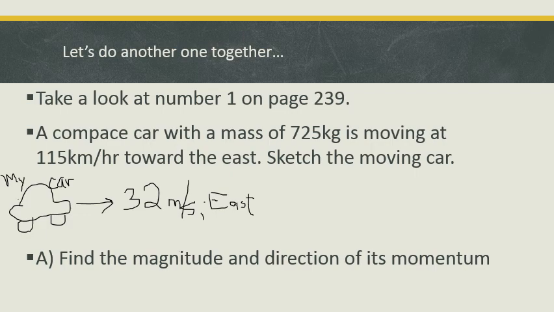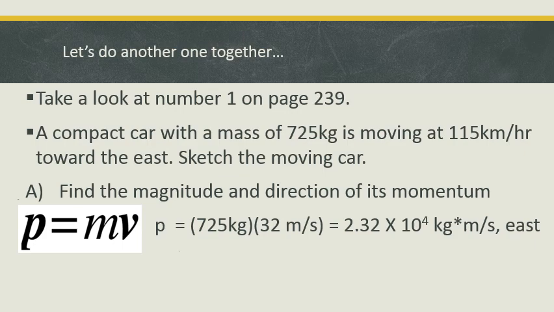Now, the problem asks us to find A, the magnitude and the direction of the momentum. So first of all, you should refer back to what the momentum equation is. Well, lucky for you, I brought it forward for us. So here's the momentum equation. And we are trying to find the magnitude and direction of the momentum of this compact car.